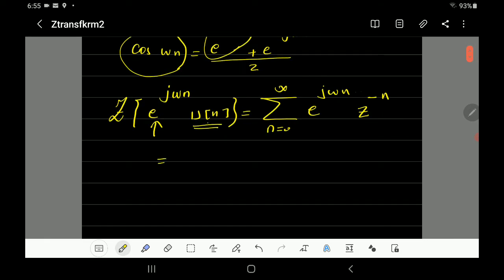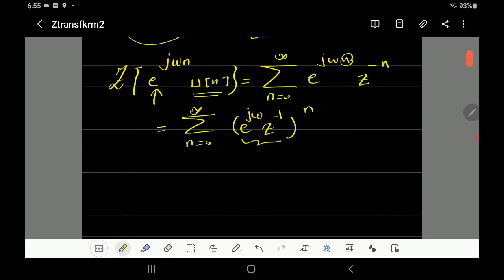And we know that to have the geometric series, we have to have something to the power of n. So e to the power of j omega, and z to the power of minus 1, and n is common for both.